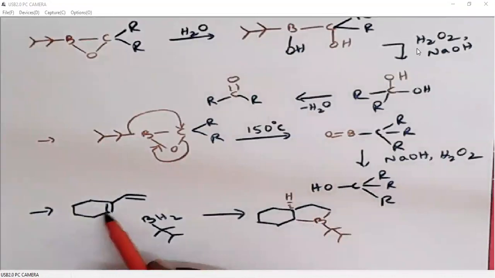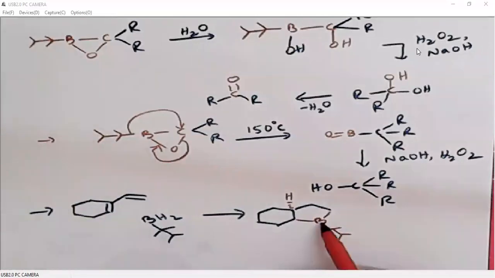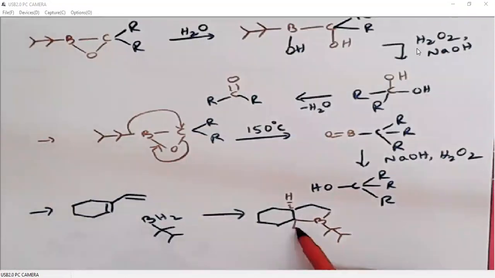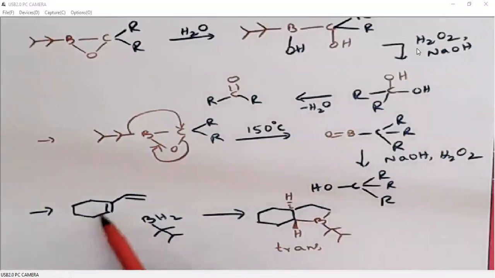There are 3 bonds to this carbon. The fourth one is hydrogen. So when boron is approaching this alkene from below the plane, the hydrogen which is already placed on the double bond will now occupy above the plane. So the ring fusion here must be trans. Okay, so I'll repeat this. Boron adds to this alkene in syn fashion.